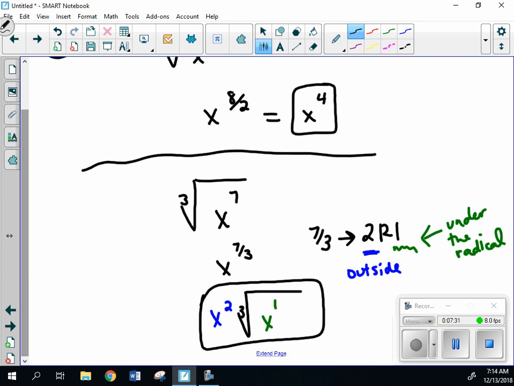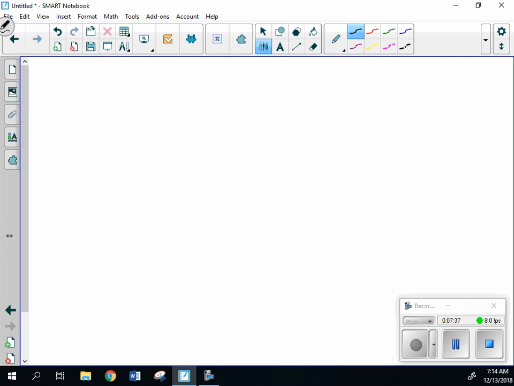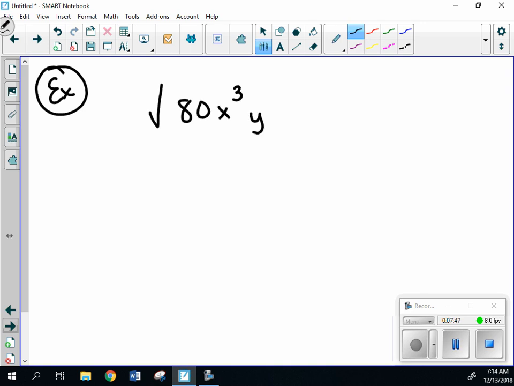So let's do one more, but let's combine simplifying radicals with the exponents. So let's say that I have the square root of 80 x to the 3rd y to the 10th. Okay, so I'm looking for the perfect square.